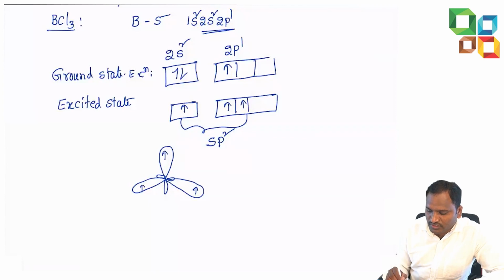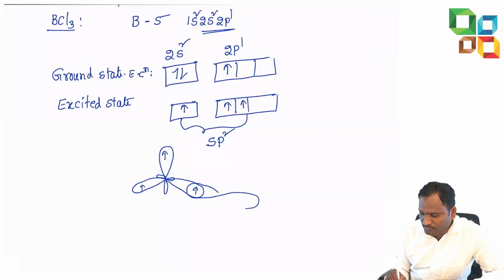These hybrid orbitals of boron overlap with the chlorine orbitals like this.